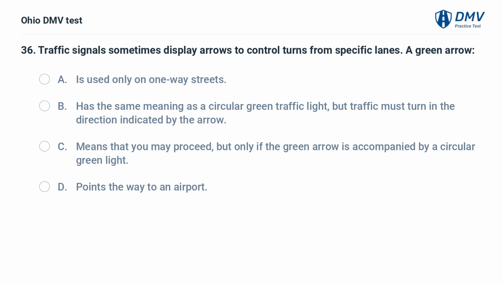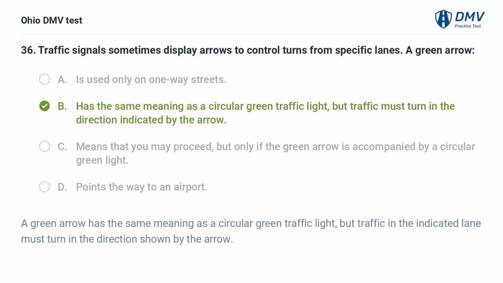D. points the way to an airport. B. has the same meaning as a circular green traffic light, but traffic must turn in the direction indicated by the arrow. A green arrow has the same meaning as a circular green traffic light, but traffic in the indicated lane must turn in the direction shown by the arrow.